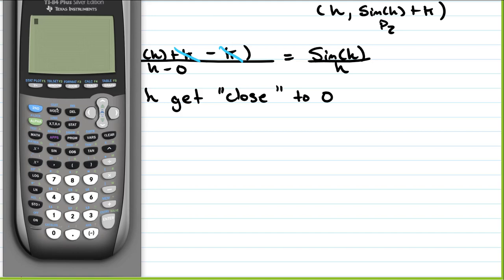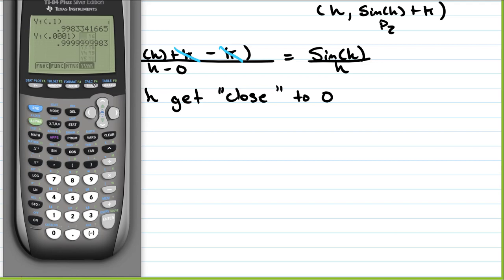Remember, we can get close to 0 by going alpha trace and putting in some different values. So 0.1 is fairly close to 0. We could get a little bit closer by doing 0.0001. That's a lot closer, and we get 0.999999983.